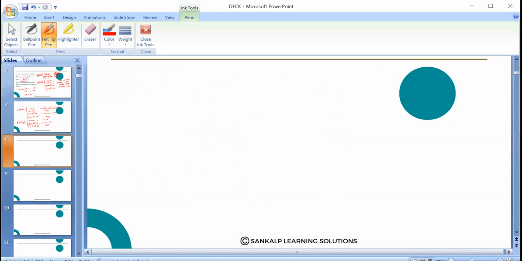Now, the function is continuous at x equal to minus a. That means left limit is equal to right limit.